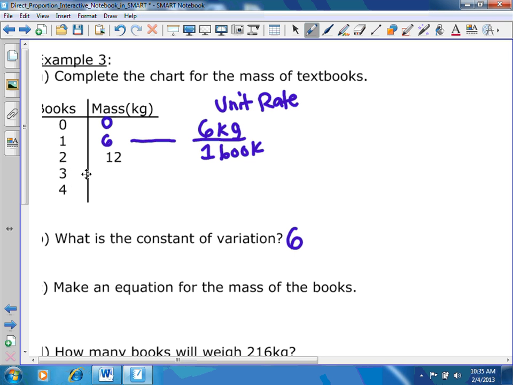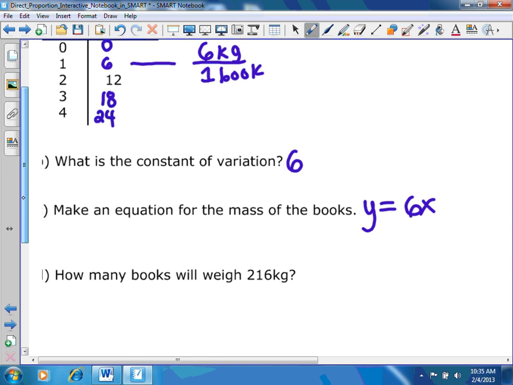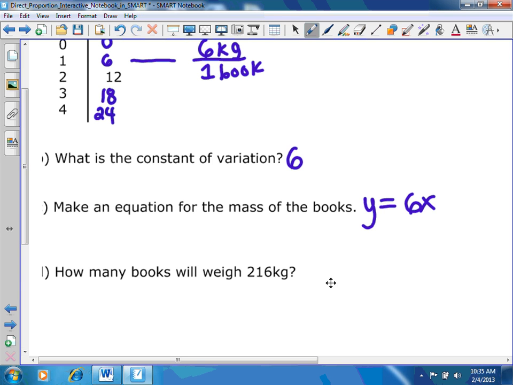Alright, 3 books will weigh 18, and 4 books will weigh 24. Okay, it says make an equation for the mass of the books. What's the constant? What's the equation? Y equals 6x. How many books will weigh 216 kilograms? Alright, how do I set this up? What do I have to make? A proportion.